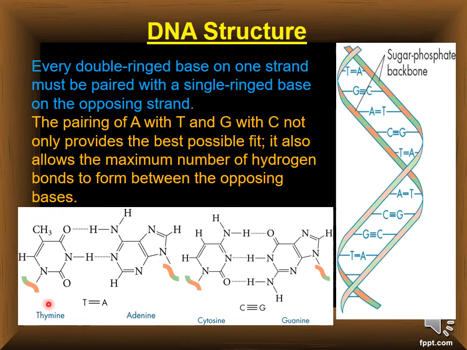So look here, this is one strand: adenine connects with thymine, or thymine connects with adenine on the other side, and on one strand cytosine connects with guanine. This is called the pairing.